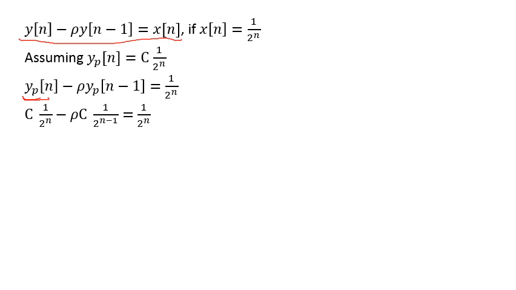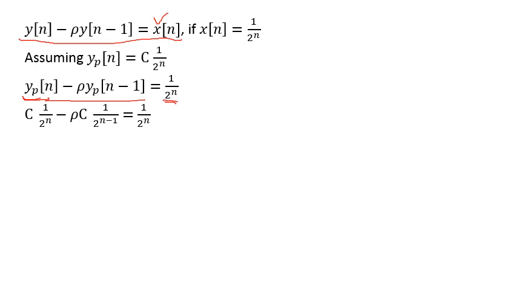This example is on discrete time, so a similar procedure applies to the discrete time system also. And then we also replace the value of x of n by 1 by 2 power n.